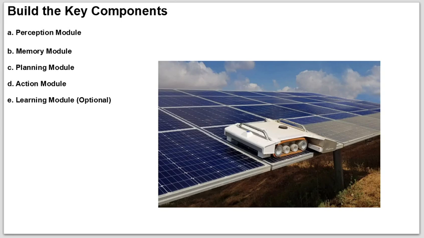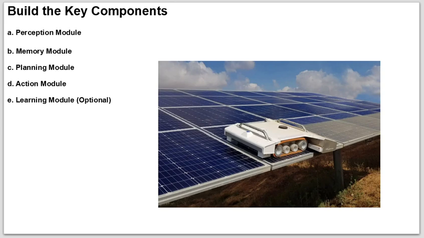Then we have building the key components. Here we have the perception module, which collects and processes the data from the environment. Sensors or data streams provide input which is filtered and interpreted for decision making. Example, the cleaning robot uses a camera and proximity sensors to detect dirt, furniture, and walls.